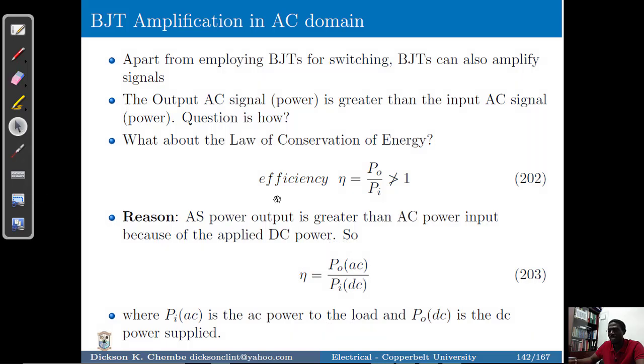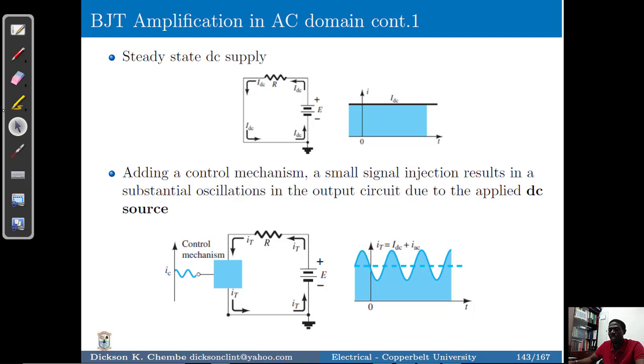As seen in the next slide, what we have basically is a DC supply, a steady state supply of DC current. And the level of that DC current determines the level of amplification. So if we add a control mechanism and inject a small AC signal, we can achieve a large oscillation of AC depending on the level of DC.